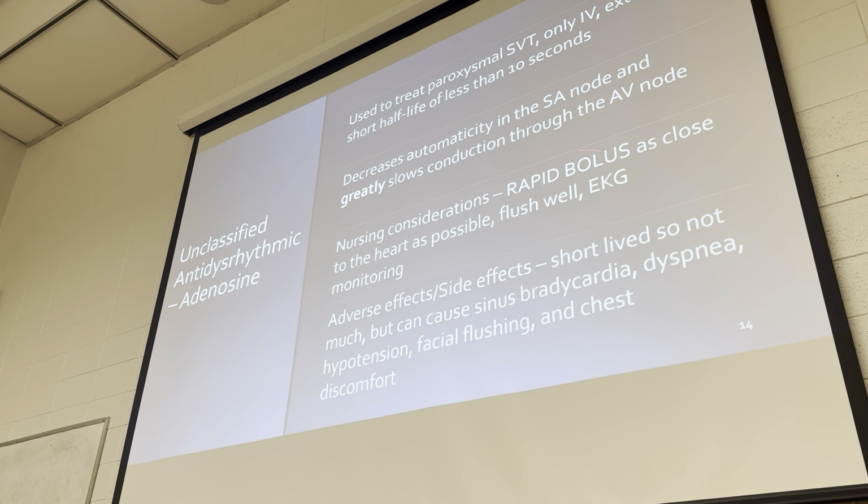So our nursing considerations: because this has such a short half-life, we have to give it extremely fast, okay? It has to be in a large bore IV, so it needs to be an 18 gauge or bigger. It needs to be in the AC or closer, okay, because it needs to be able to reach the heart very quickly. And we're going to flush it through very quickly as well.